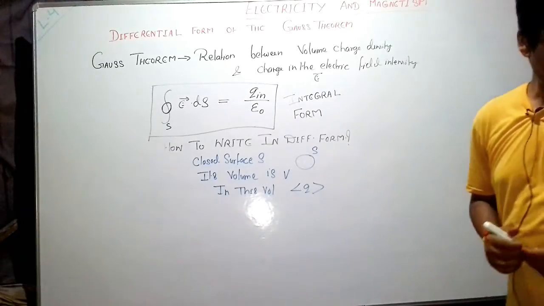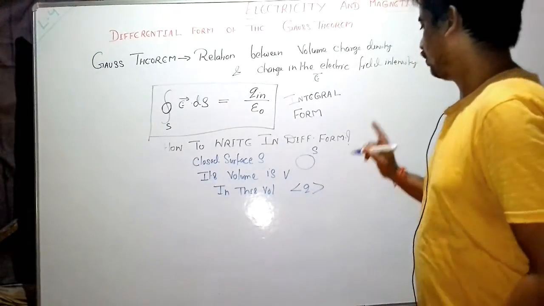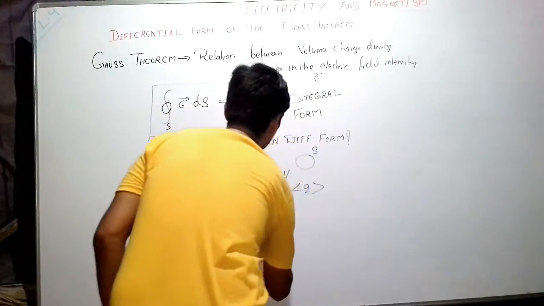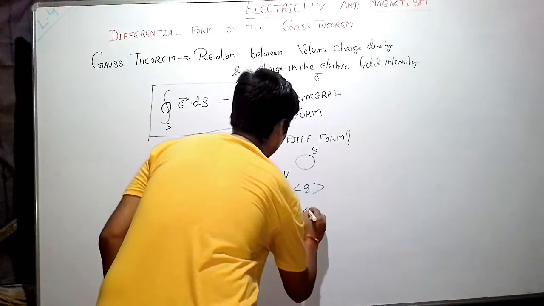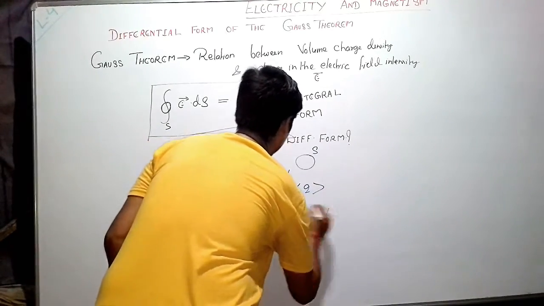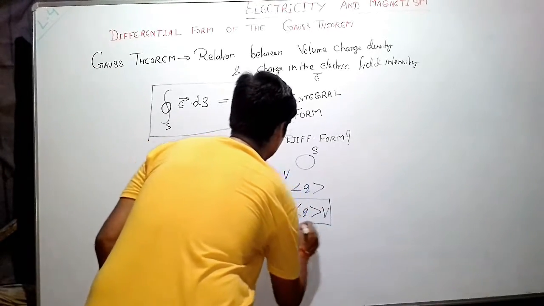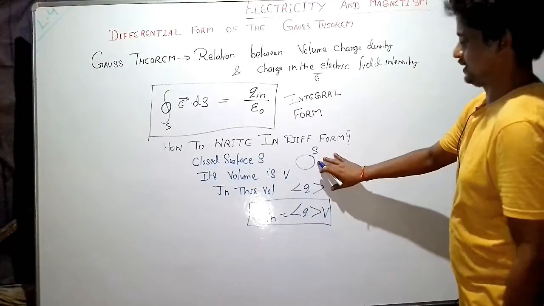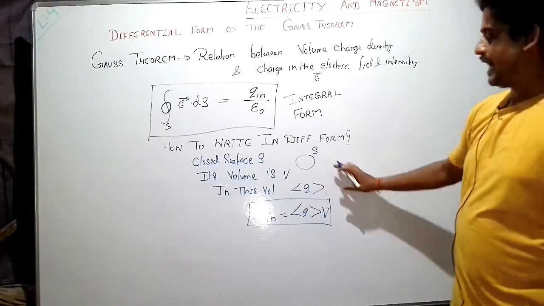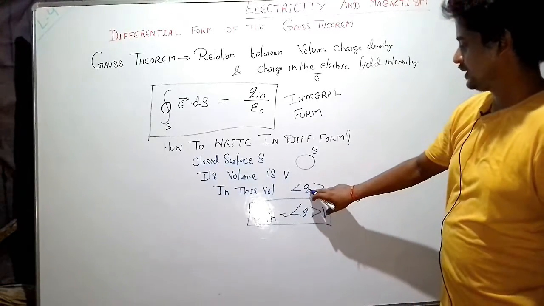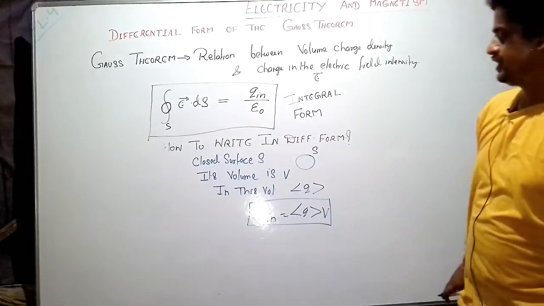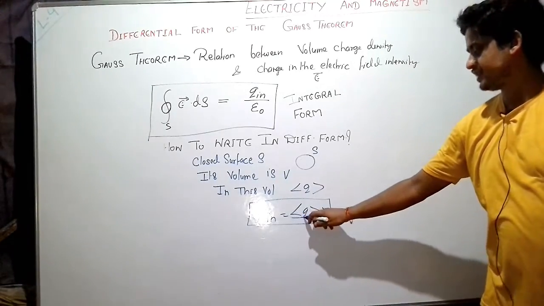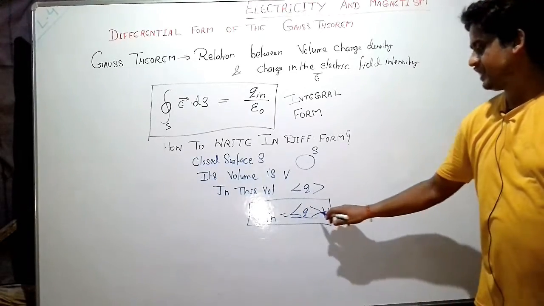So the total volume charge density is Q in divided by V. This is the volume charge density in this closed surface S. It has volume V, and in this V total charge Q. So the total charge density in this volume is Q divided by V. This is the average charge density.